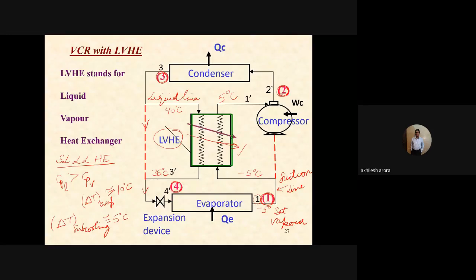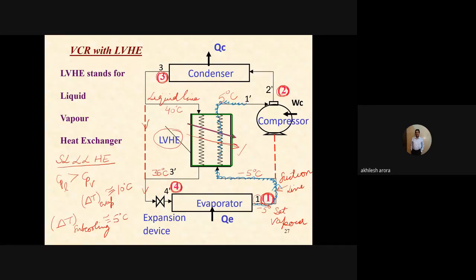But when we install a liquid vapor heat exchanger, then the path is different. So initially we are here on this line. The refrigerant passes through this path. Okay, this is the path of the refrigerant.